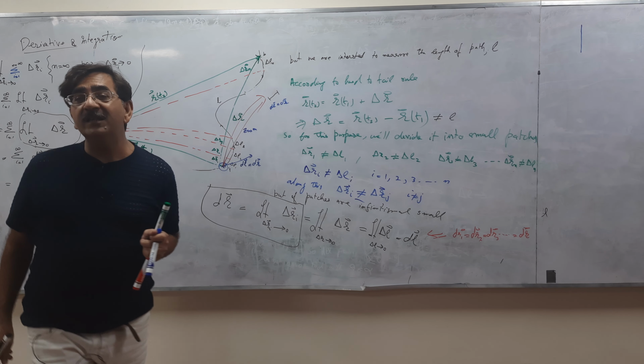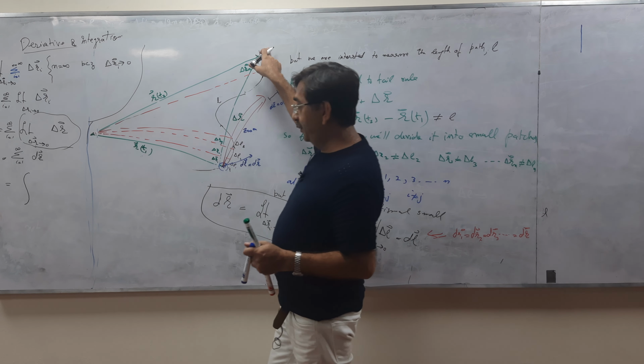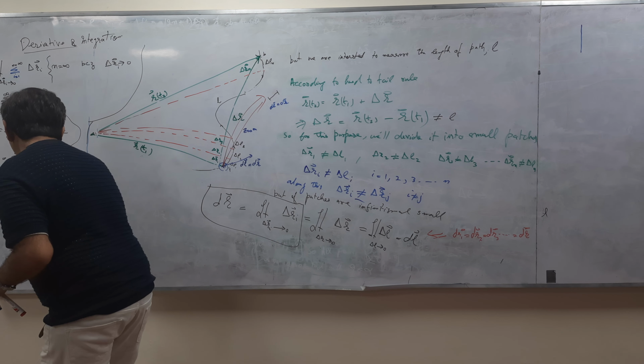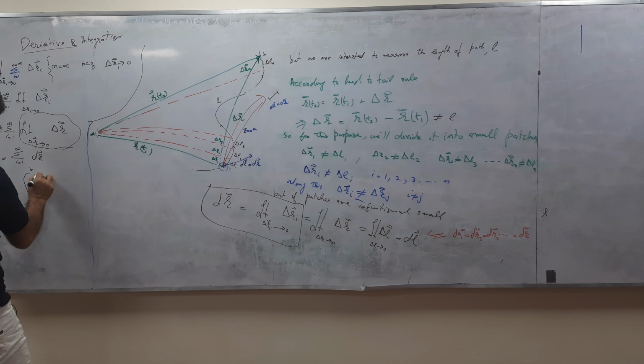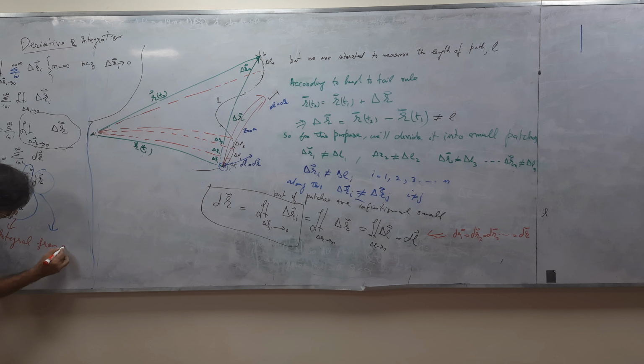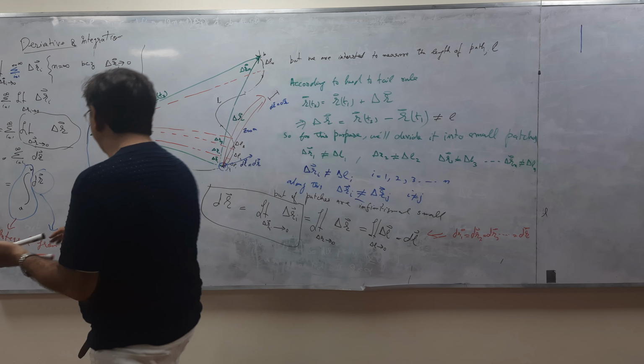And what is the boundary condition of this integration? You are starting motion from A to B. So that means A to B, dr. This is defined as the integral from A to B, and this will be defined as, yes, what is this?